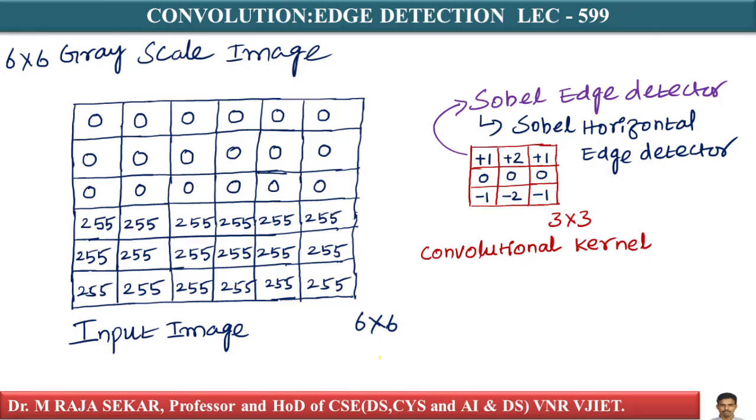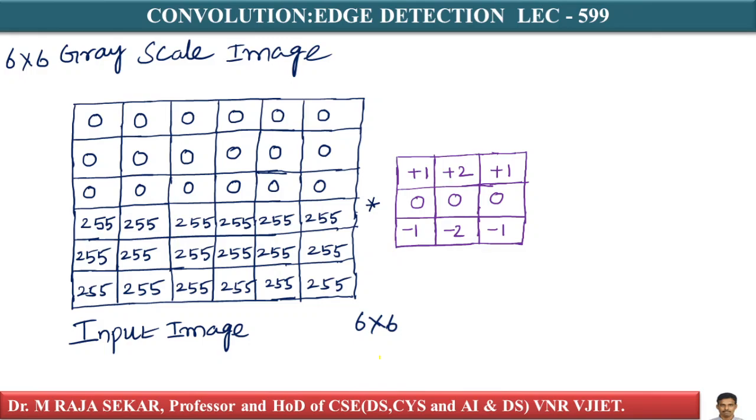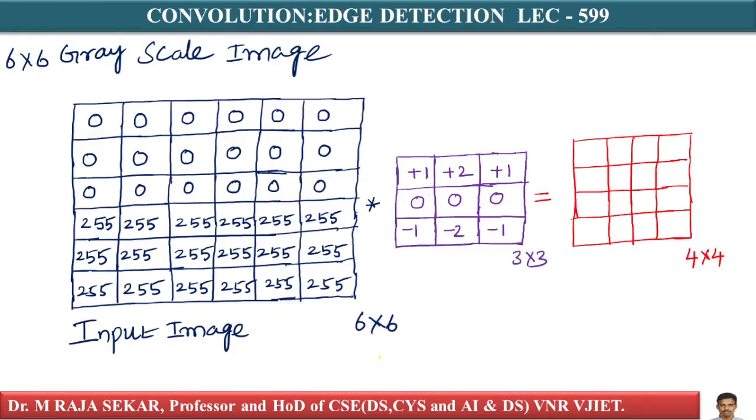It's very, very important. You have this input matrix or input image, and you have this 3 by 3 matrix, the Sobel horizontal edge detector. The operation of convolution, this star, is known as the convolution operation, isn't it? If I apply the convolution operation between the input image and my Sobel edge detector or kernel, it will generate a 4 by 4 matrix.